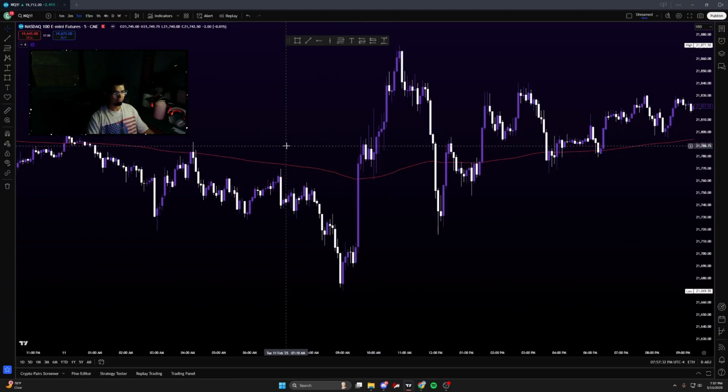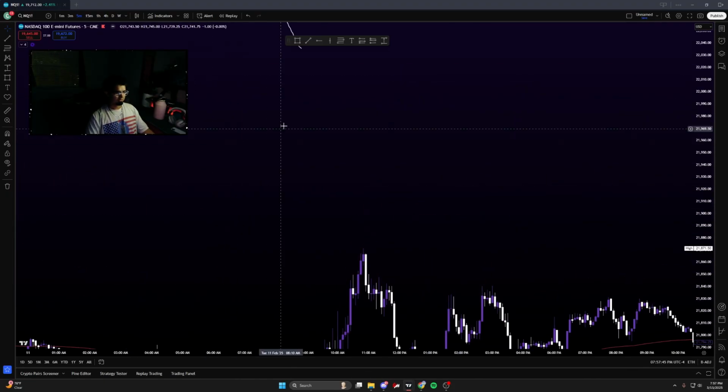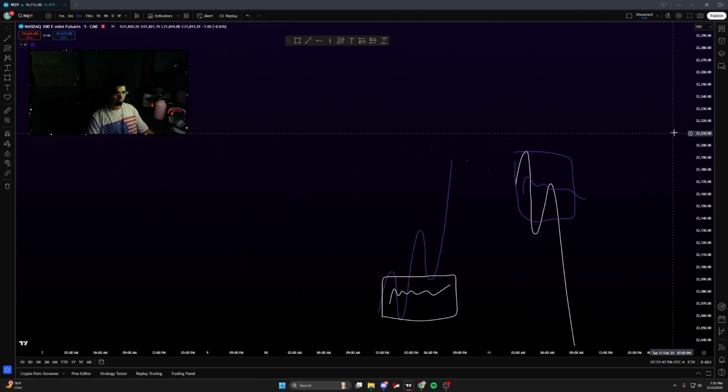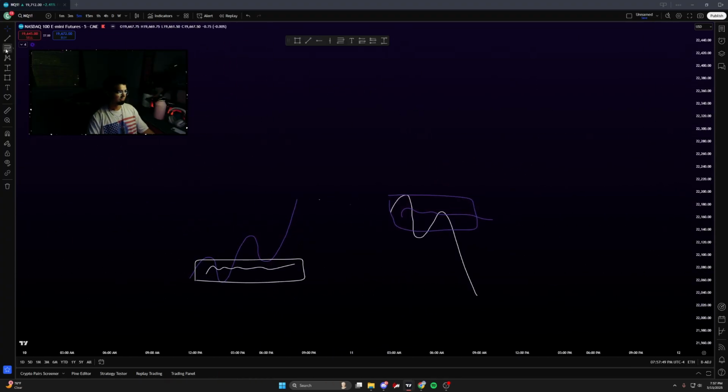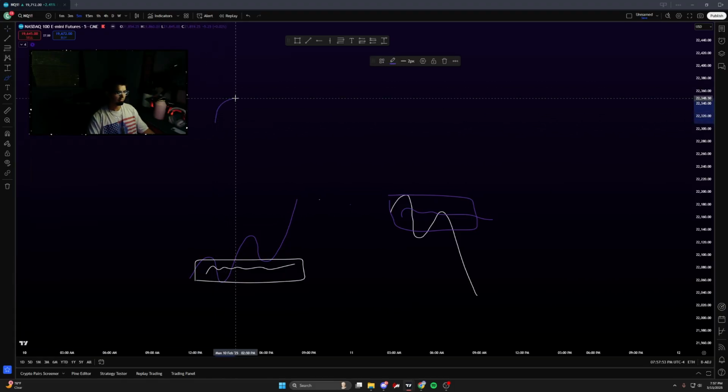So yeah, that's what an order block is. It's a movement, and then that movement is respected. And once that movement is respected, that's what makes the order block. It's not an order block until the movement is respected. So just to show you again, we have our high made, right?